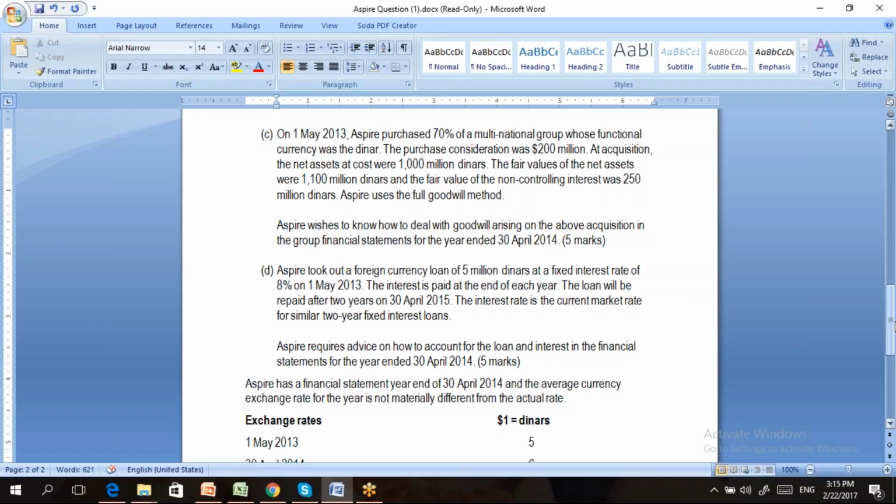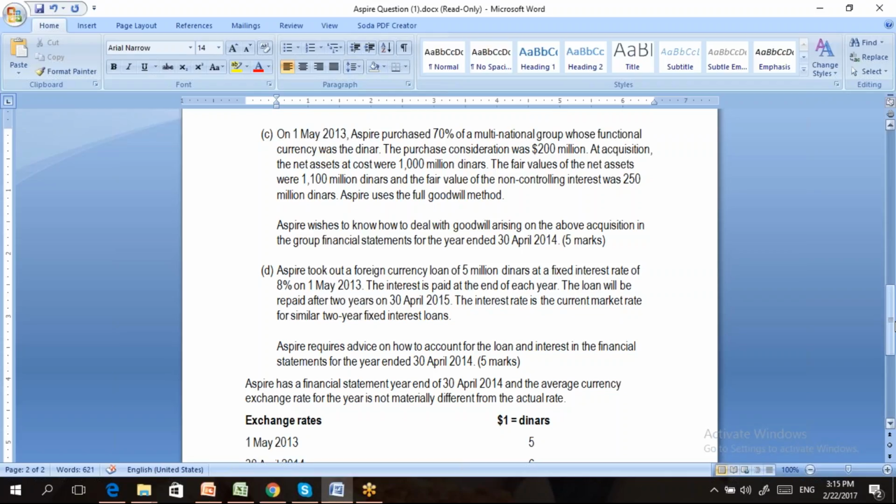At acquisition, the net assets were 1,000 million. Fair value was 1,100 million. And the fair value of non-controlling interest was 250 million. Aspire uses the full goodwill method. It wishes to know how to deal with goodwill arising on the above acquisition in the group financial statements for the year ended 30th April 2014.